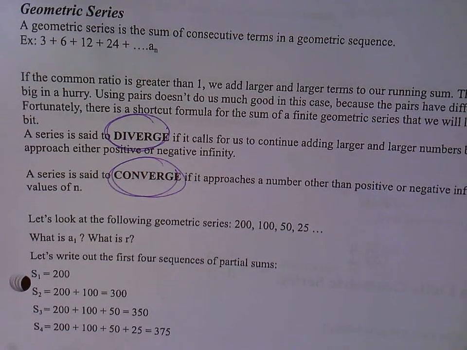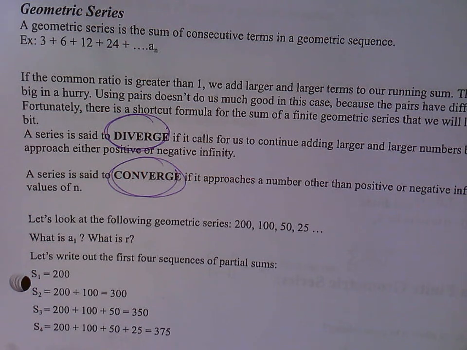But if I have something like 10, 5, 2.5, 1.25, what's half of 1.25? 1.25 divided by 2 is 0.625. If I go out to a sub 20, let's see how small a sub 20 is.